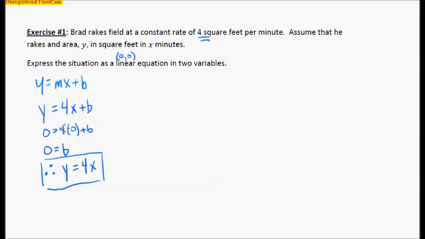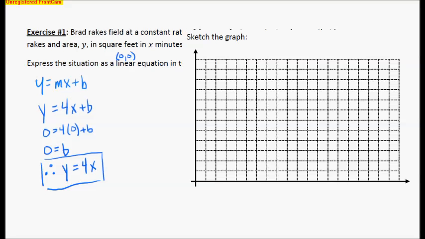Now they ask me to graph it. I'm going to turn on my graph here, and that's going to cover up some of those words, which is okay because we're done with those. So they want me to graph this line. Notice we only gave you the first quadrant because it wouldn't make any sense for him to be raking a negative amount of minutes.